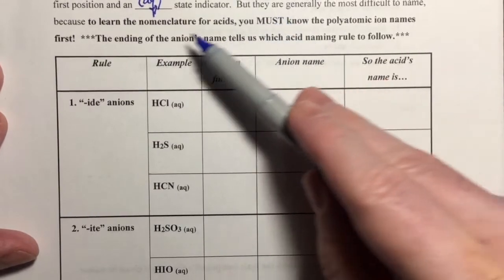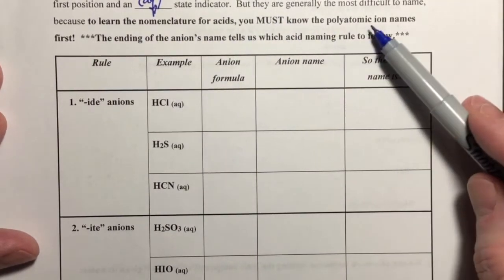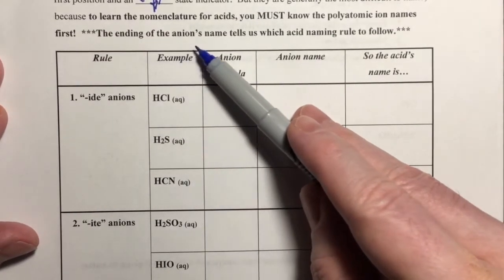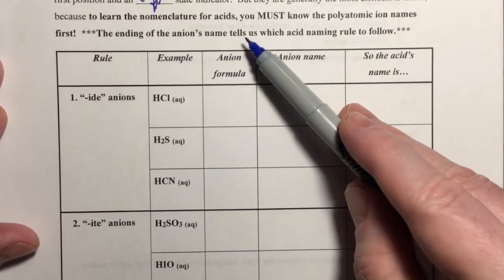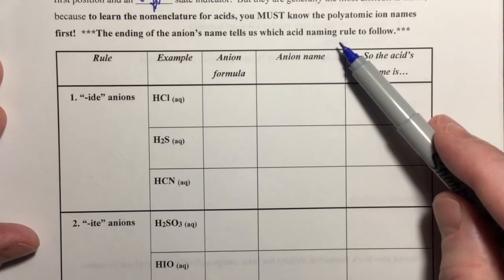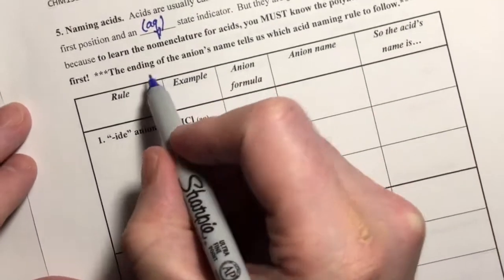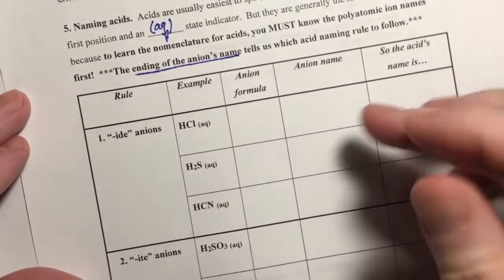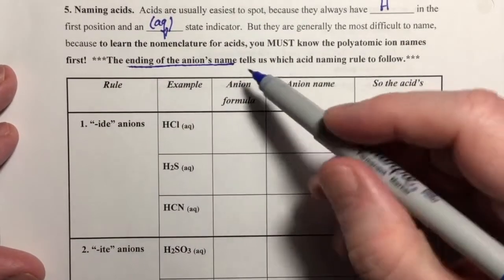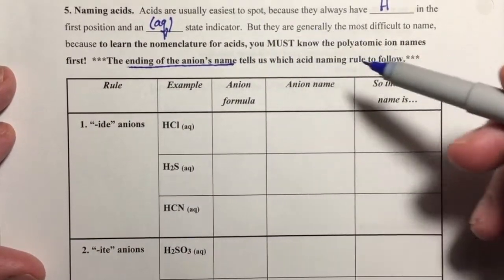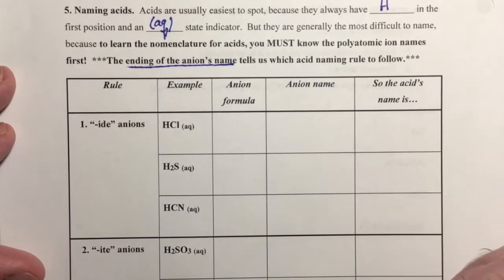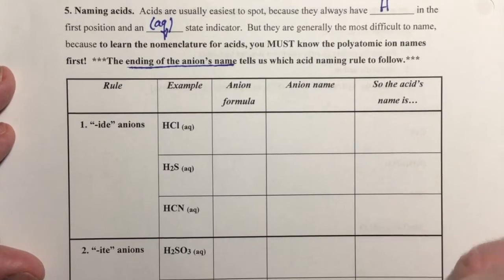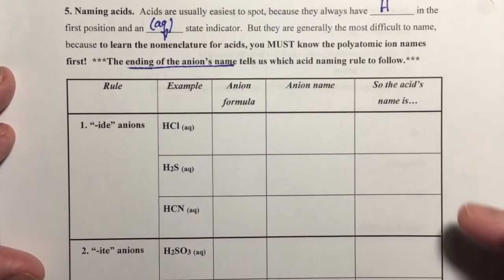So, we must learn the polyatomic ion names because it is the ending of the anion's name that will tell us which of these 3 acid naming rules we have to follow. So just to emphasize, it is the ending of the anion's name in the acid that will tell us which of these 3 rules to follow. And we're only going to be applying one of these rules, and it will be based on the anion's name.